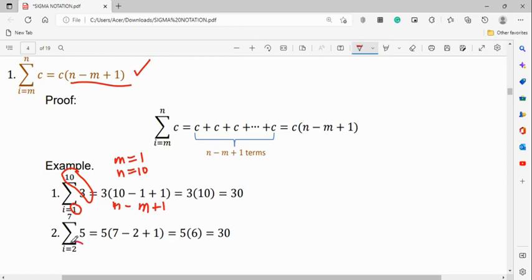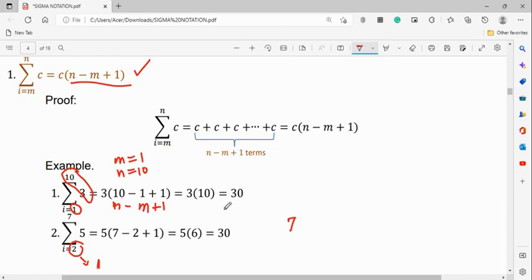However, if it starts from not 1, let's say 2, mag-subtract ka lang. Diba? Ang n natin ay 7 dito sa number 2. Ang i natin nag-start sa 2. So, the number before 2 is 1. Diba? We know that kung nag-start ka sa 2, may tinanggal na isa. So, yung isa na yan, isang 5 ang natanggal, no?